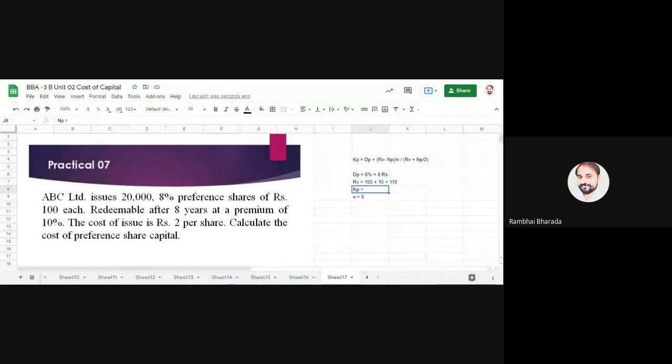In the first line, nothing is given to you, whether it is issued at a premium or at a discount. So generally, when nothing is given about discount or premium, it is assumed that it is issued at par value. Here par value, face value remains same. 100 minus issue expenses 2 is equal to 98. Are we clear about this one?